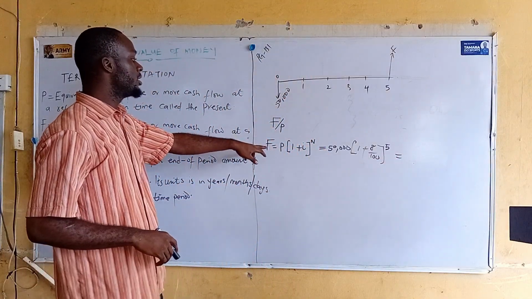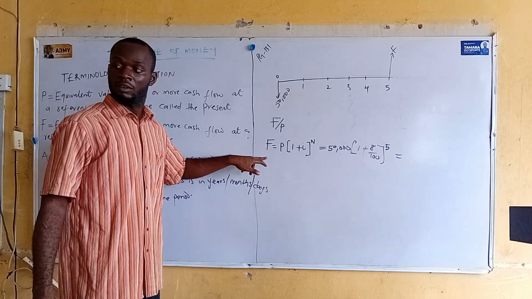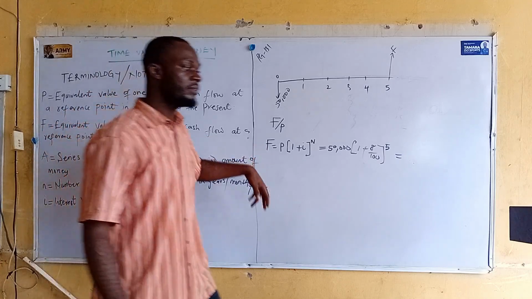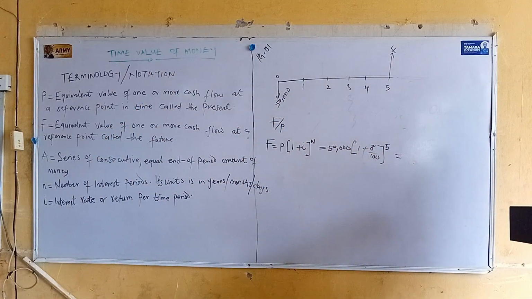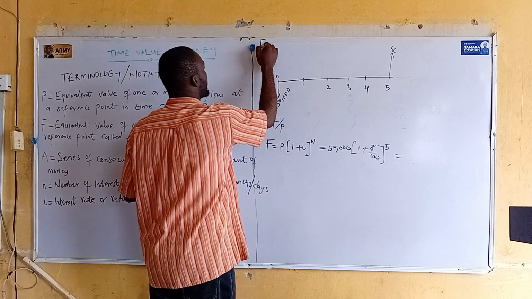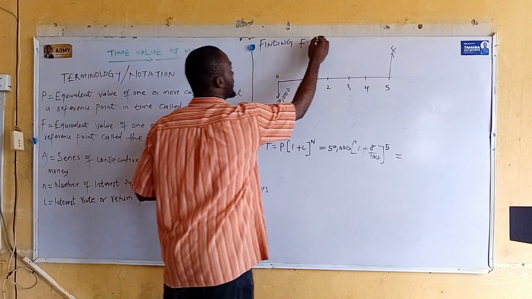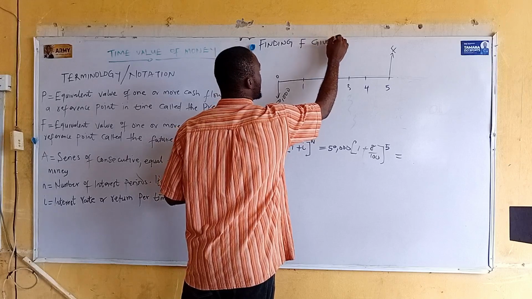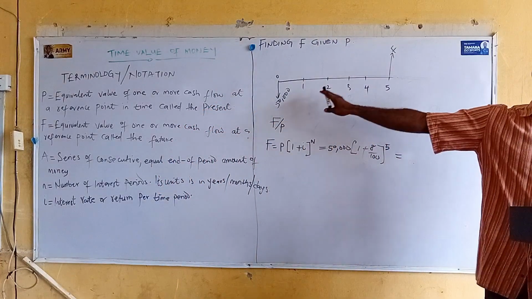So you have to find the future value giving the present value. Finding F giving P, this one is clear.